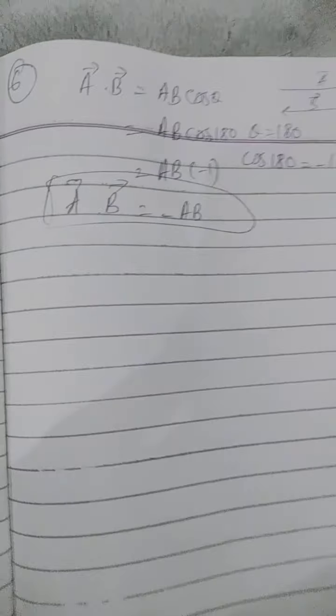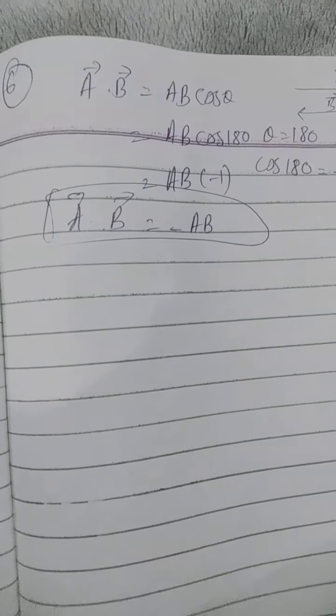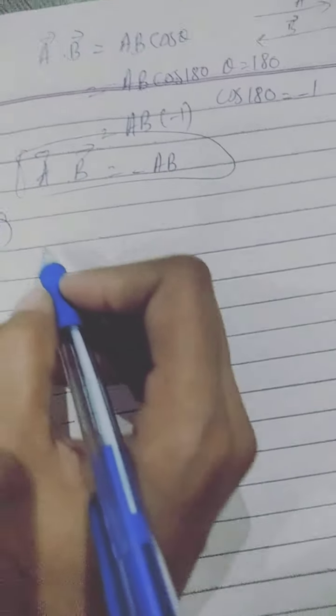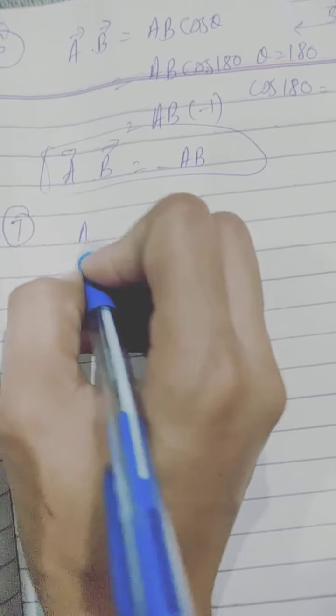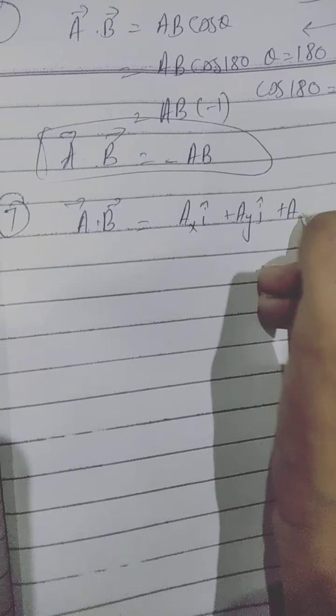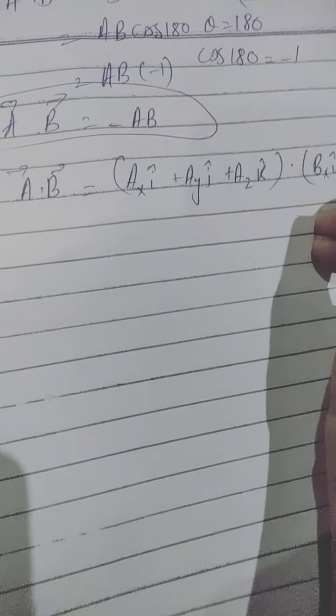Okay, if we write the scalar product in terms of rectangular components, then it will be like this: A dot B is equal to (ax I cap plus ay j cap plus az k cap) dot (bx I cap plus by j cap plus bz k cap).